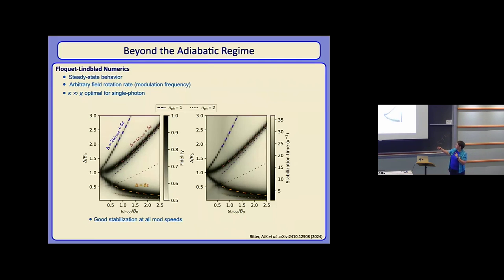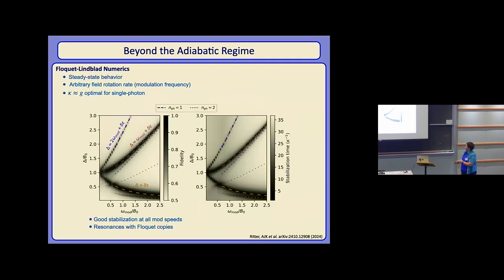Or if it matches in the next zone, you also get good stabilization, or 2 zones away. And so the same picture that we had in the adiabatic regime works. You just have to match the actual Floquet quasi-energy, not the particular size of the magnetic field, which is also the Floquet quasi-energy in the adiabatic limit.